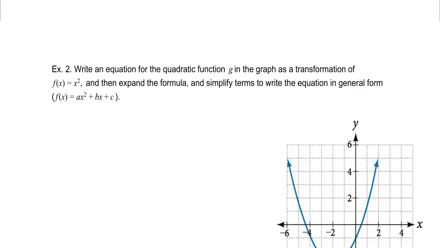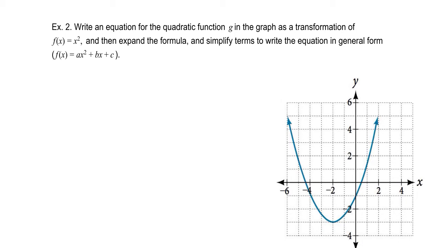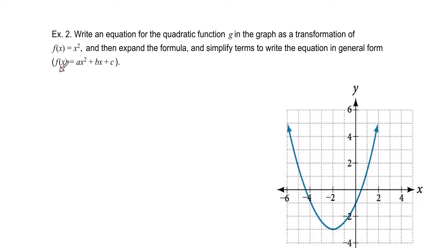So write an equation for the quadratic function g that we are given here in the graph as a transformation of f of x equals x squared. Then expand the formula in simplified terms to write this in the general form, ax squared plus bx plus c. So this is going to be a transformation of f of x equals x squared.